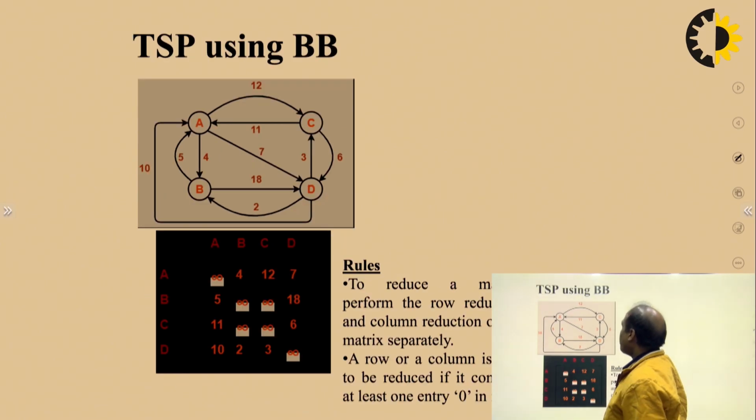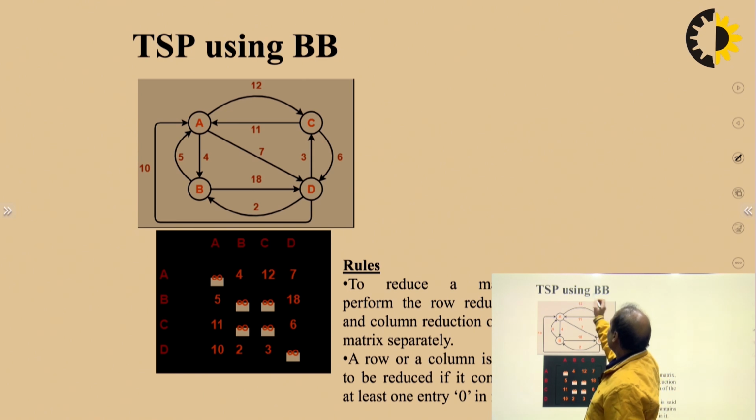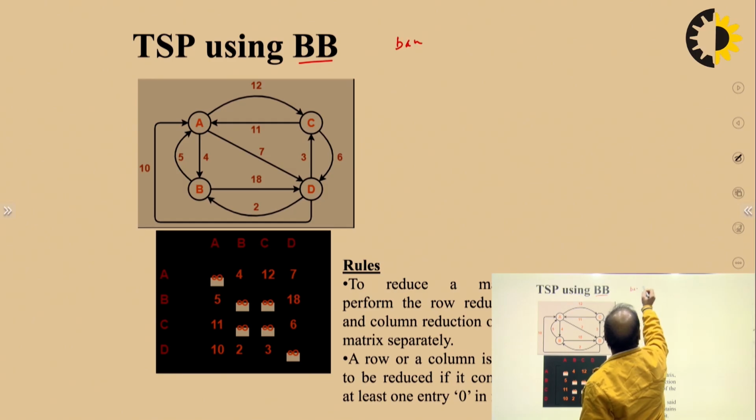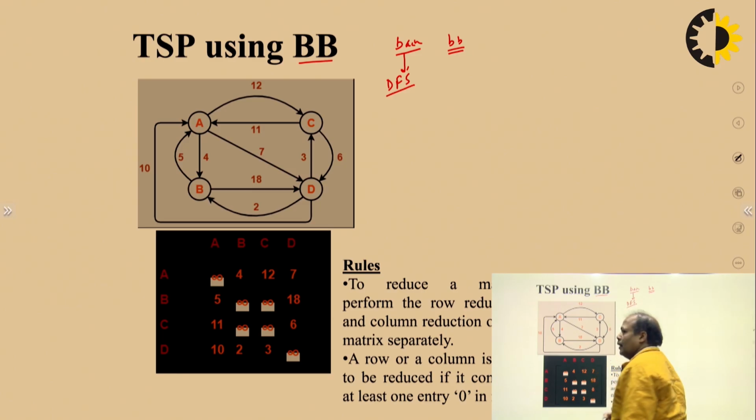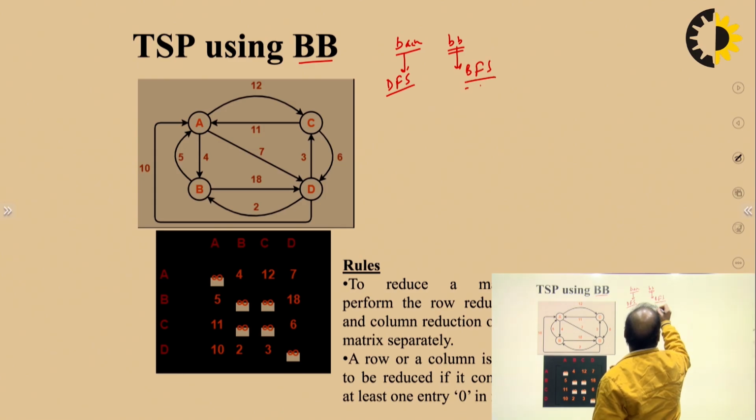We are going to discuss TSP using branch and bound. Look at the two approaches here: one is backtracking and the other is branch and bound. Backtracking follows DFS, depth first search, while branch and bound follows BFS, breadth first search, not the depth first approach.